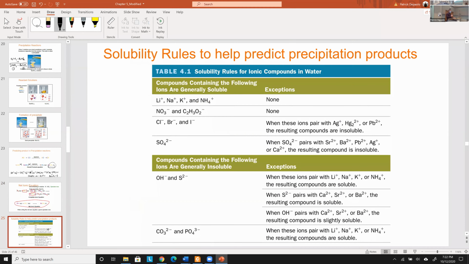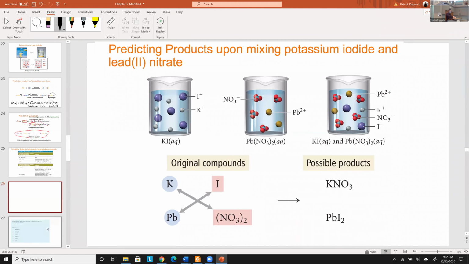Continue. Now here's another list of the solubility rules. Basically the same rules. Really the same 5 or 6 rules, but it's just the chart from the book. There's another way of thinking about it, or the same way of thinking about it, just illustrated.